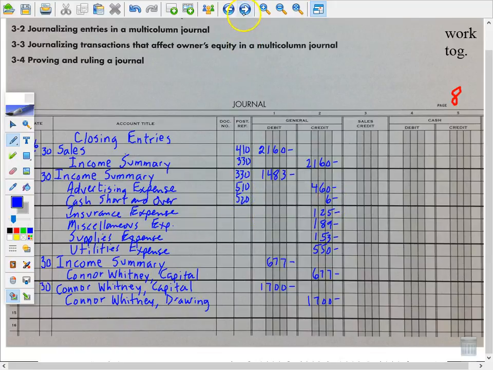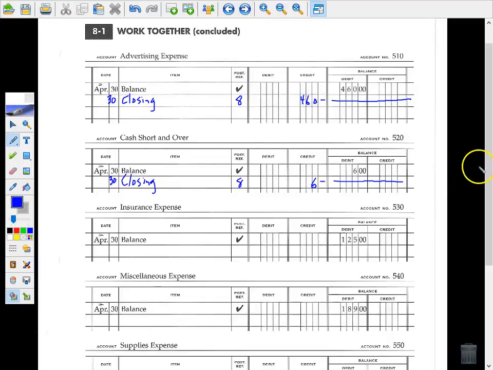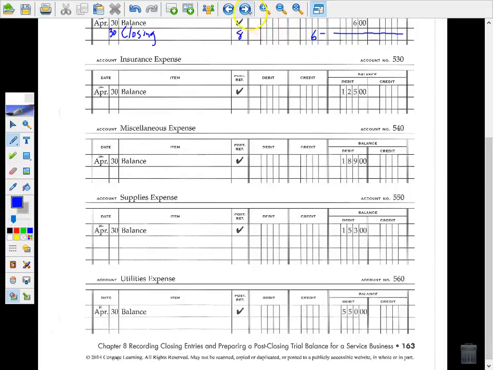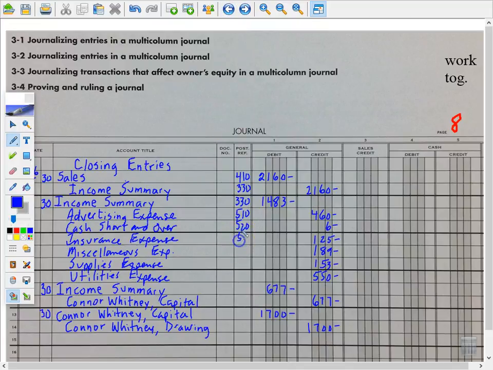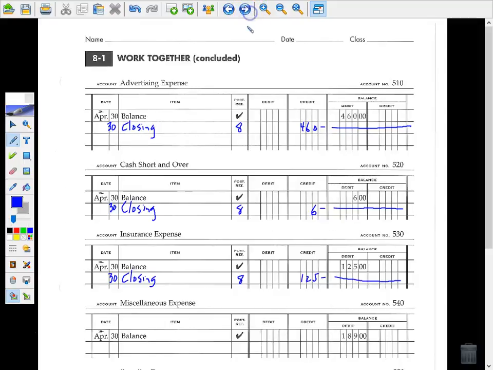Insurance expense for 125. $530 is the account number. Miscellaneous expense for 189. $540.